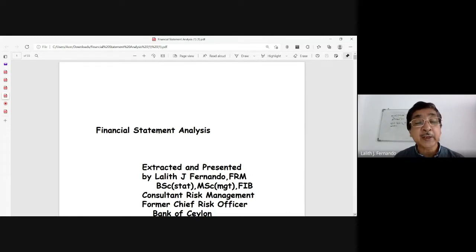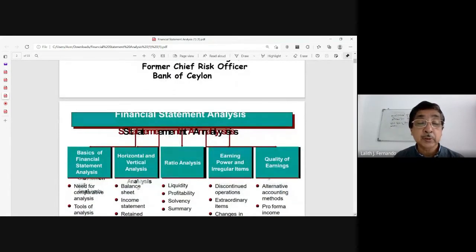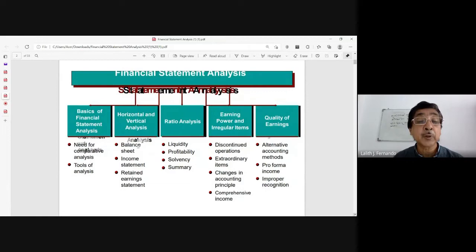Now, this particular analysis will give you some details about financial statement analysis. When you say basics, it gives the need for comparative analysis and tools of analysis.